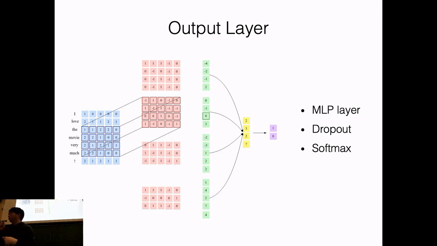Some follow-up works also show that you can introduce dropout on the embedding layer, and also on the convolution layer, which helps somewhat. But most of the time, we put the dropout last, here.